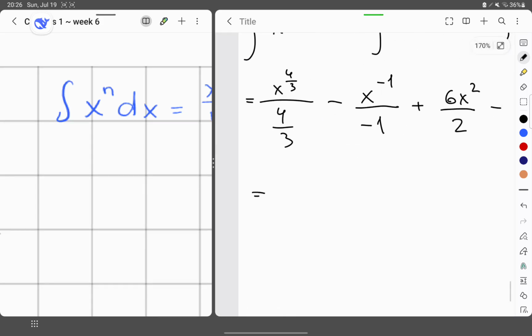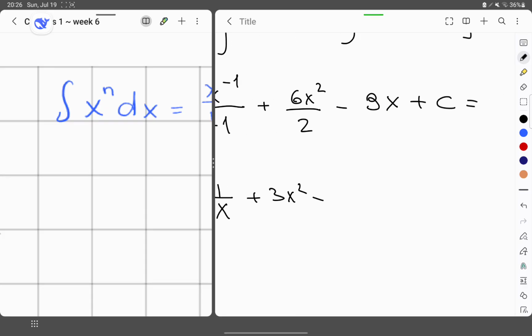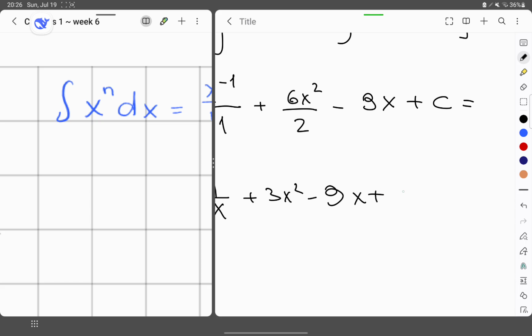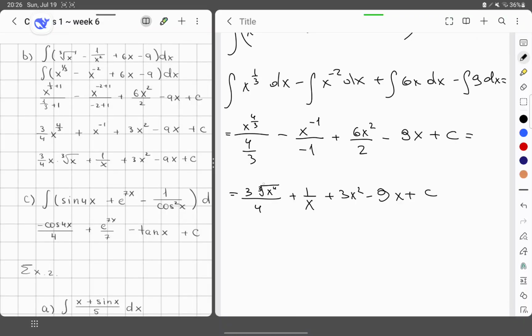And it will be 3 over 4 x to the power of 4 over 3 plus 1 over x plus 3x squared minus 9x plus c. Let's check. 4 over 3, yes. Okay, that's true. 1 over x, 3x squared minus 9x, okay, good job.